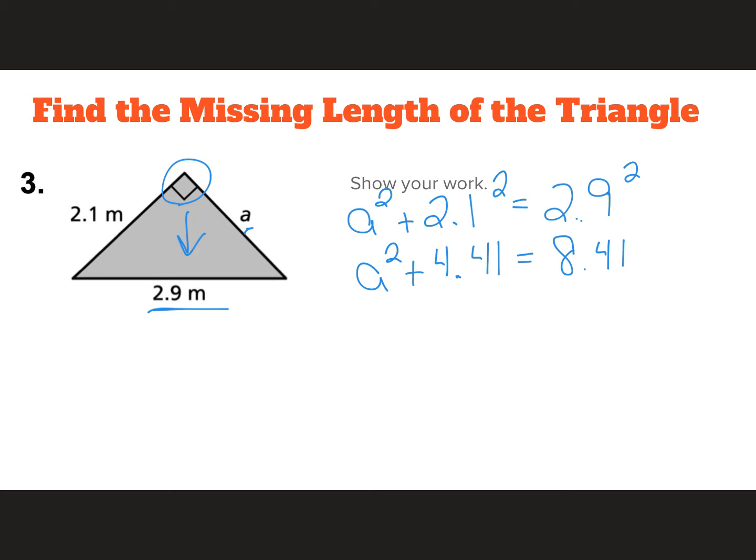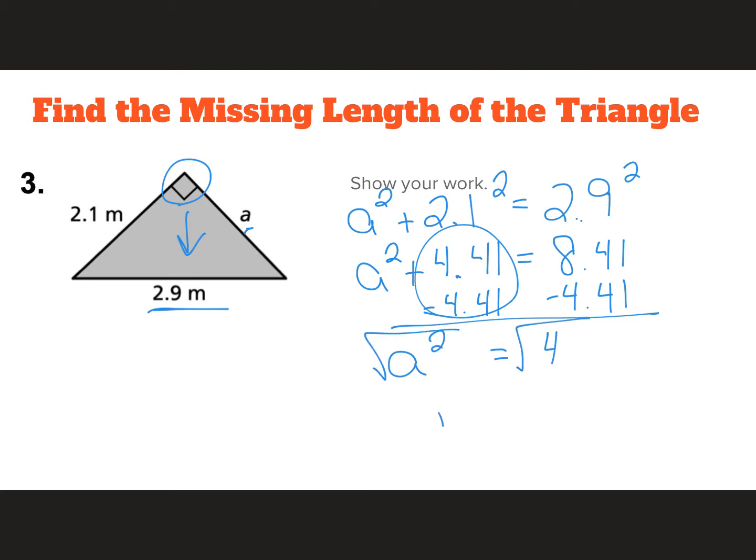Next, I am going to subtract the 4.41 from both sides. This gives me a squared equals 4, because these are going to cancel. Taking the square root of both of these, a equals 2.